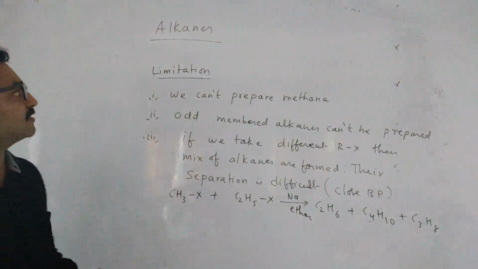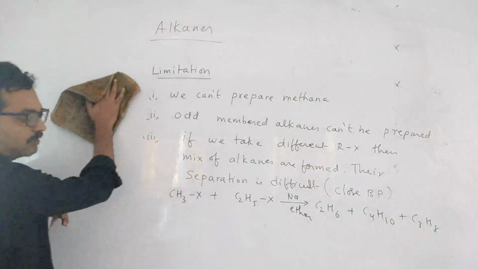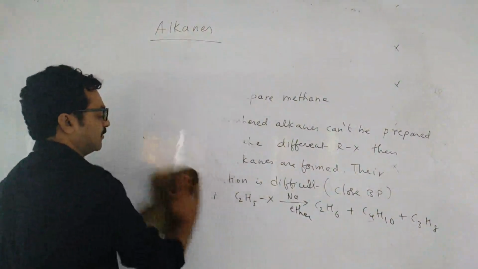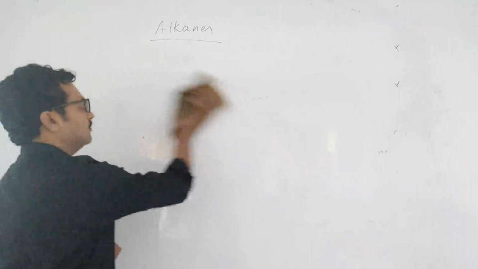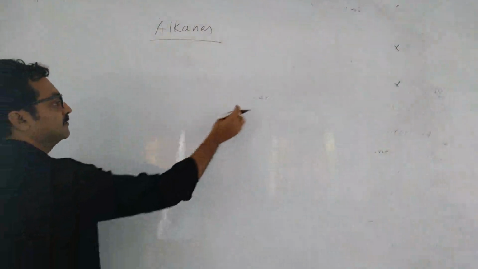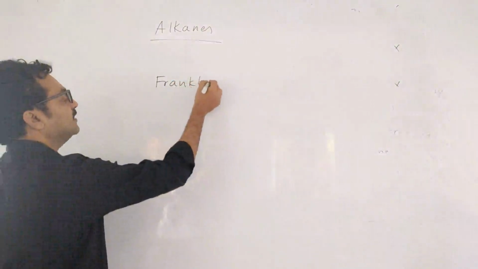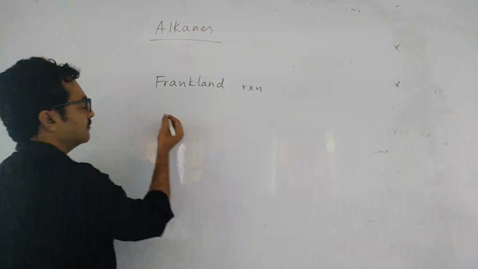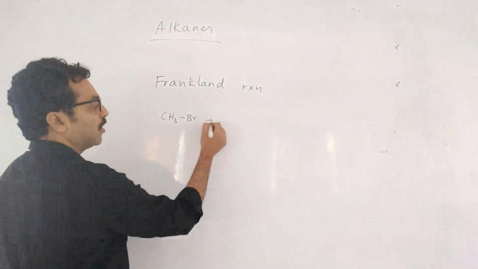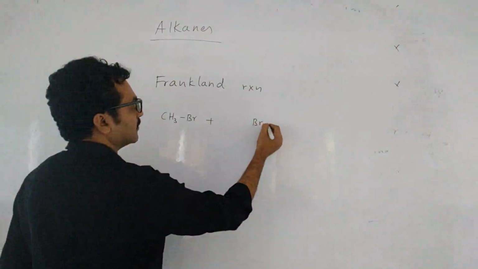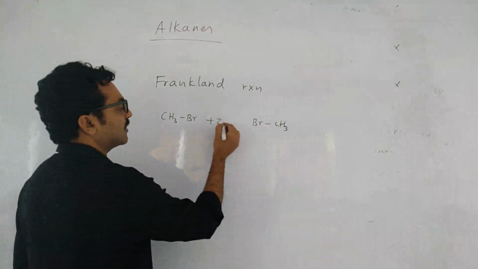So this is the first method from alkyl halide. So second is also there. Okay, children, clear? Second one. Same reaction, if the reagent is different, like zinc, that is called Frankland reaction. Means same alkyl halide, two molecules will be taken, but instead of sodium, what is used, children?